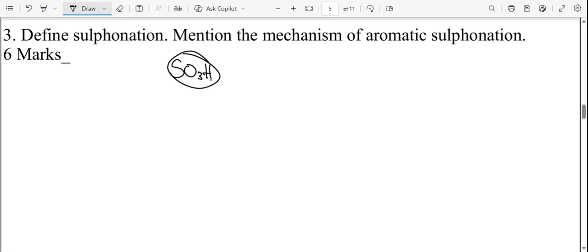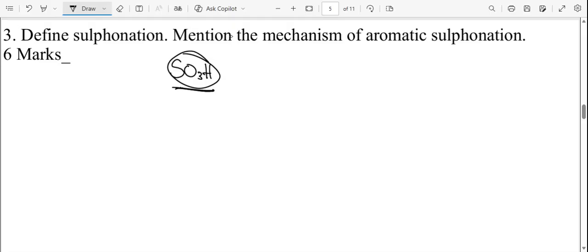So this will be introduced to the ring, and that is what we call sulfonation. Sulfonation is an electrophilic aromatic substitution reaction in which this group, this is the group I'm interested in, is introduced into an aromatic ring using concentrated sulfuric acid.